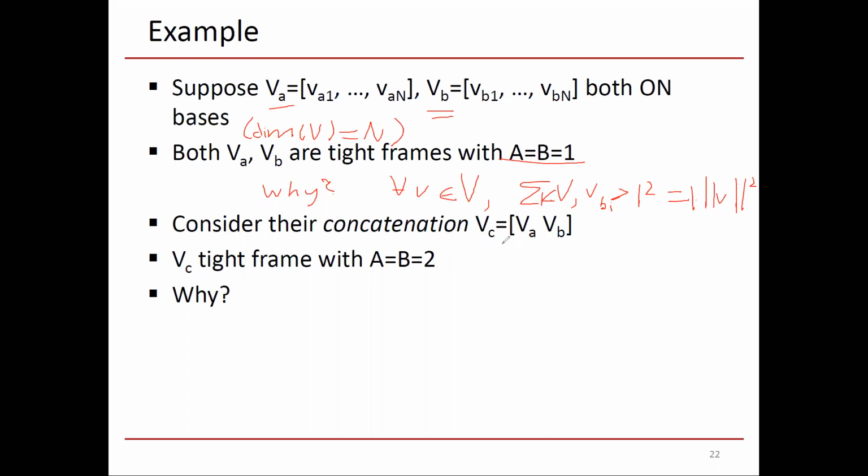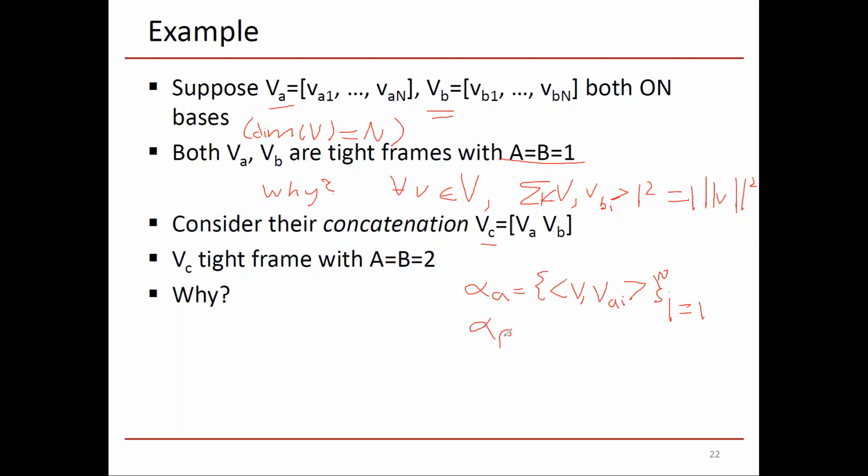So now let's concatenate them. VC will be a concatenation of VA and VB. And now let's think to ourselves that alpha A is the set of inner products between v and VAi, spanning all the i's from 1 to n.